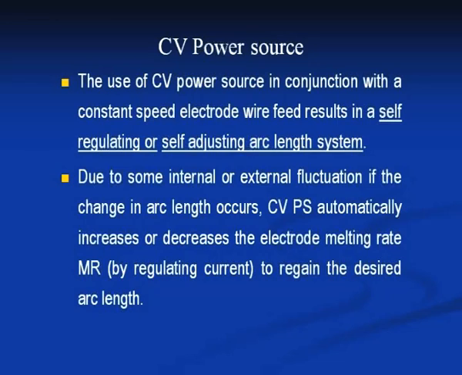Due to internal fluctuations, if a change in arc length takes place, the constant voltage power source automatically increases or decreases the electrode melting rate, which in turn helps to regain the arc length.